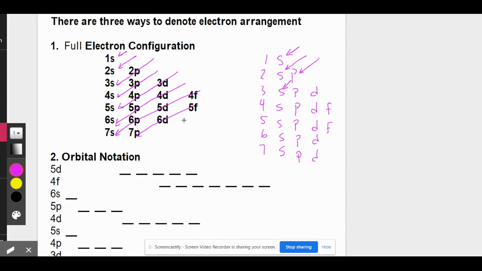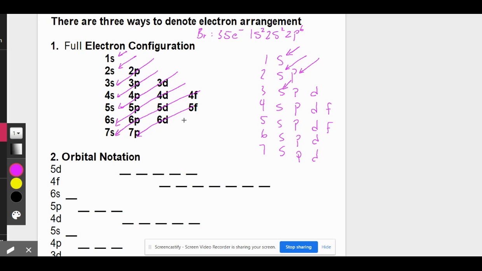So for example, let's do bromine again. Bromine, where can I write it? I'll write it up here. It had 35 electrons in it. So I'm going to start with 1s and put my 2 electrons there. And now I go to 2s and put 2 electrons. And then 2p comes next, and it holds 6 electrons.